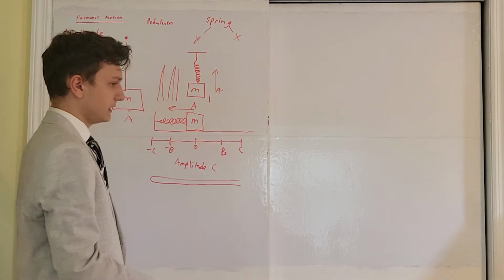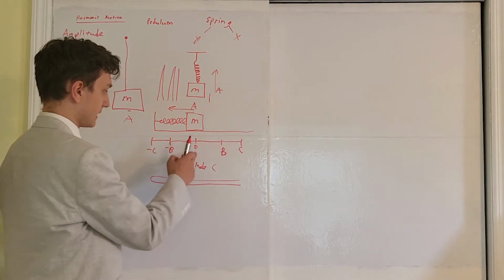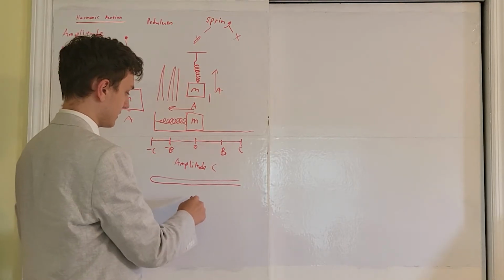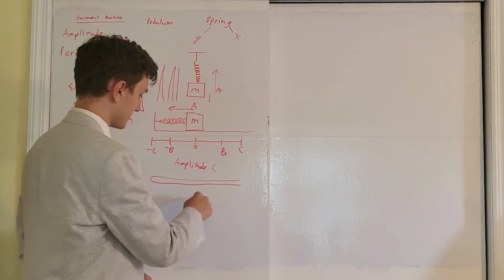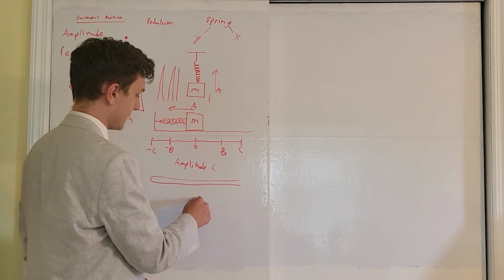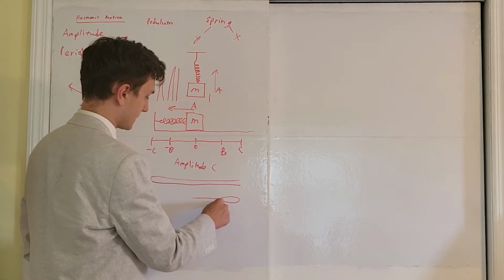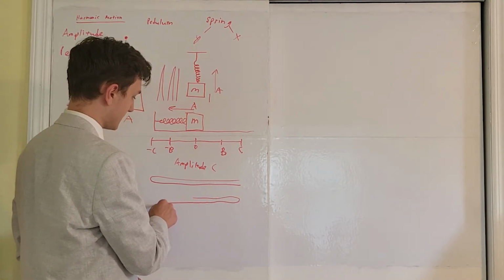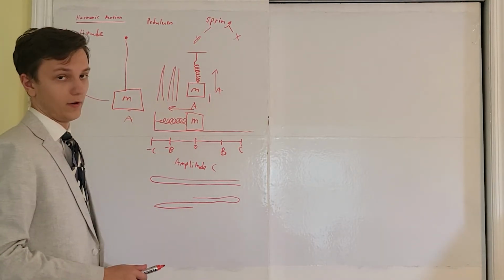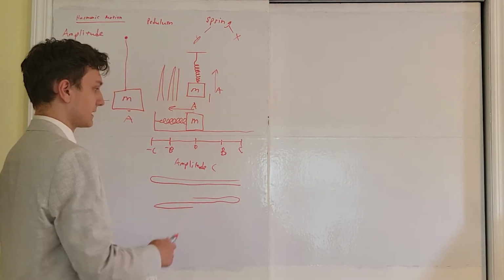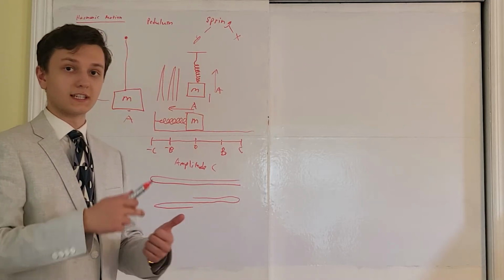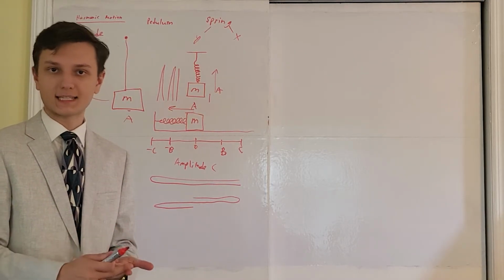It could be a little tricky to define one oscillation if, let's say, you are starting at point A, which would be our distance 0 in this case. So if my reference point is point A, one oscillation would be defined as me going from point A all the way over to C, coming back around, going back to negative C, and then arriving back here. Okay, that would be one oscillation. The reason for that is that an oscillation is defined as the time it takes for you to return to the same point with the same velocity.